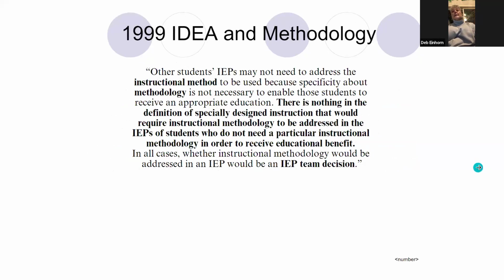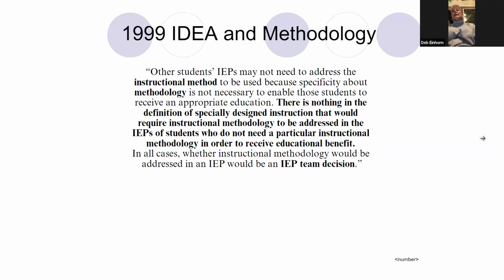Other students' IEPs may not need to address instructional method. So, in other words, just because a child is eligible for an IEP doesn't mean that they're going to need specific methodology. So if they are able to learn with the appropriate accommodations and modifications and the instructional strategies that are used with the general curriculum, then they don't need a specific methodology.